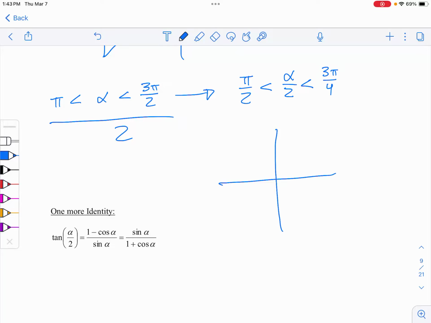So the half angle is between pi over 2 and 3 pi over 4. What quadrant is that? Second. So actually the half angle is over here. It's somewhere between here and here. Here's 3 pi over 4. And here's pi over 2.